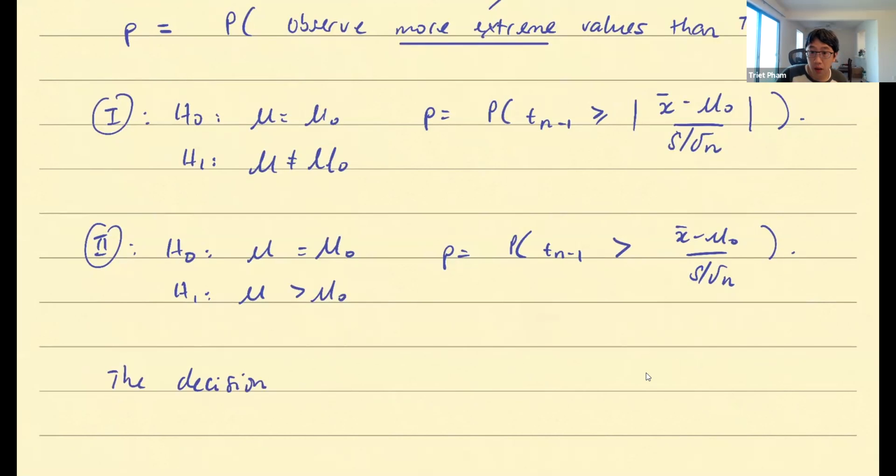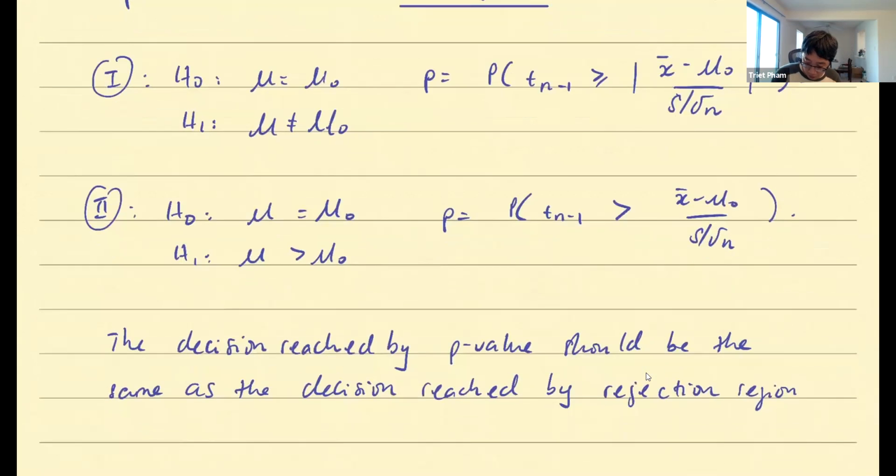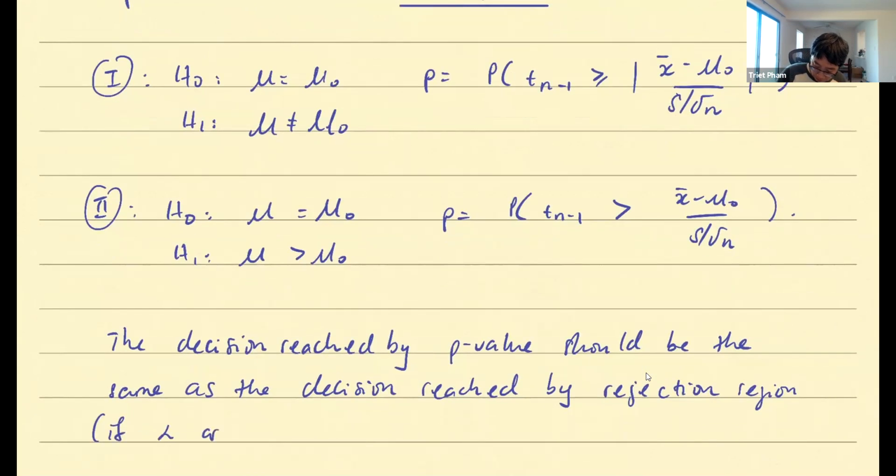Reached by p-value should be the same as the decision reached by rejection region, of course, if alpha are the same.